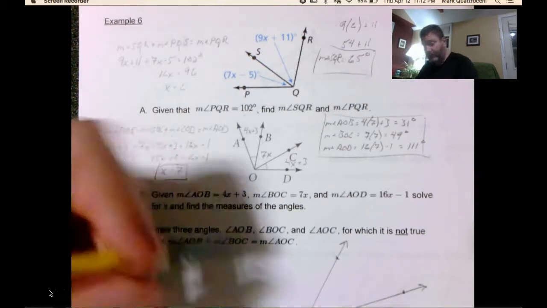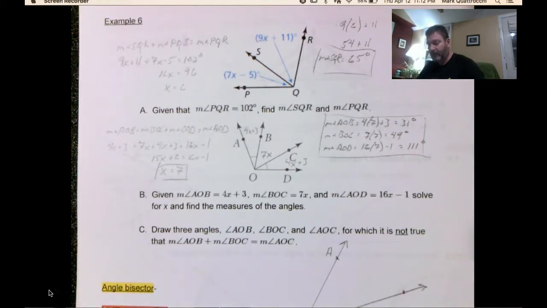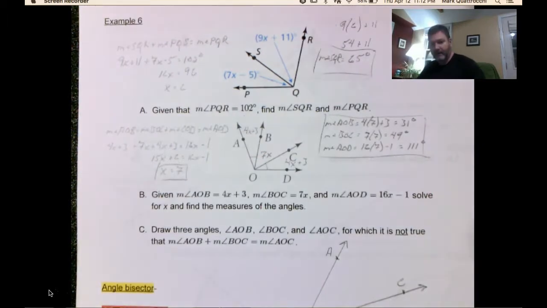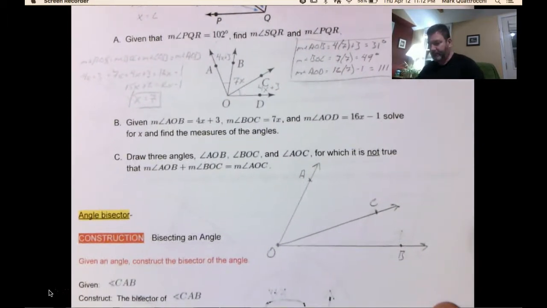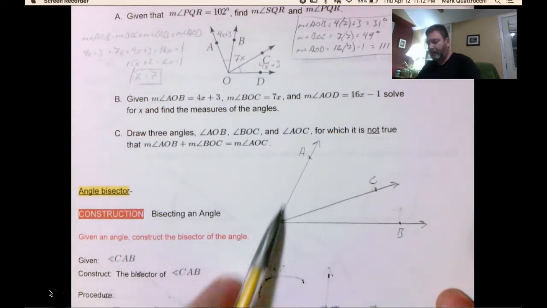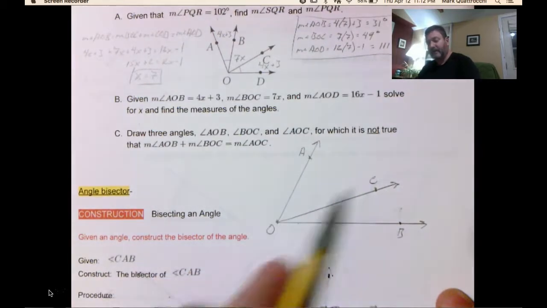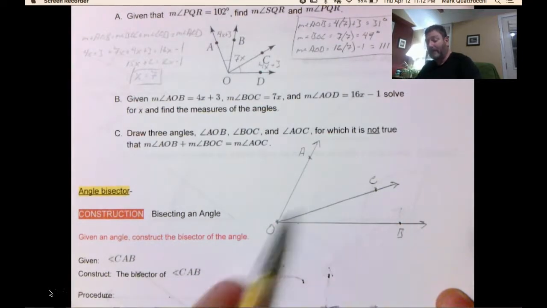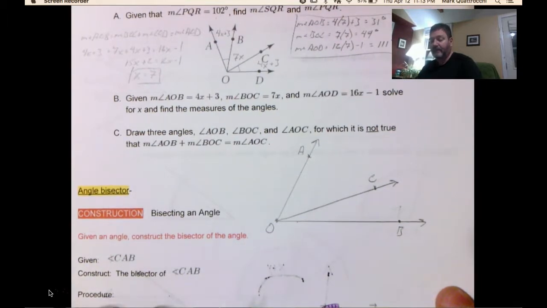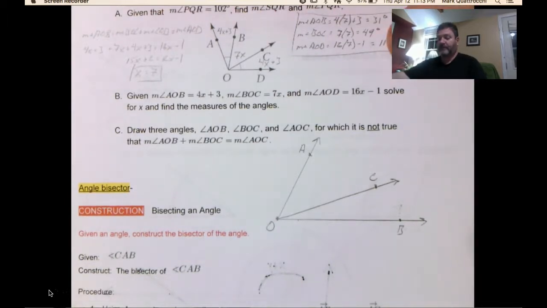Angle AOB, let's go with A here and B here. And BOC, let's go with C right here. Now, AOB plus BOC is most definitely not AOC. AOB minus BOC would be AOC. But if I add them together, it doesn't work out. So there's an example for part C.